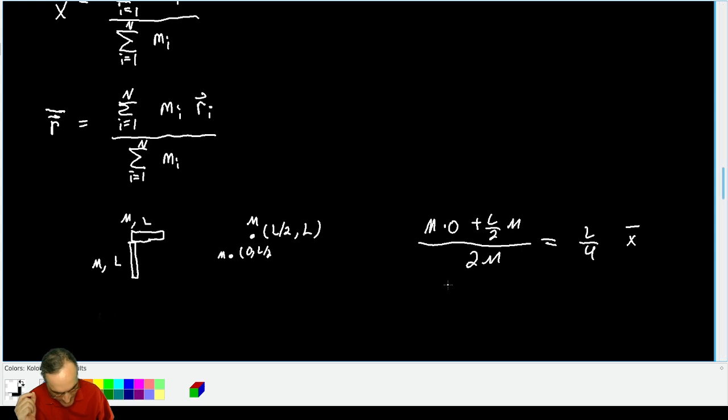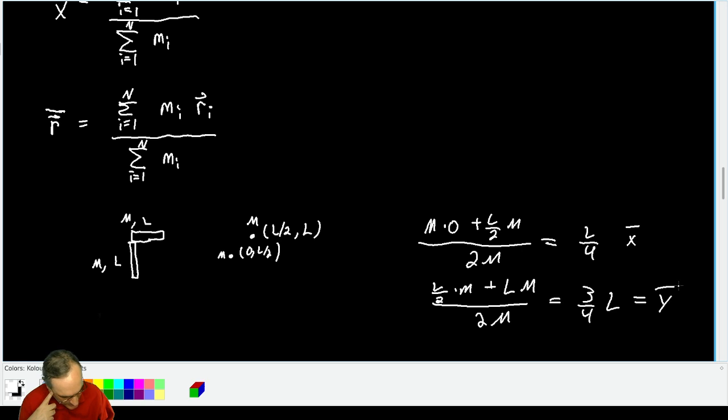And we could do much the same thing in the y-coordinate. We'd have L over 2 times m plus L times m, all over 2m. The m will cancel out. We get 3/2, so 3/4 L. And that gives us the y location of the center of mass.